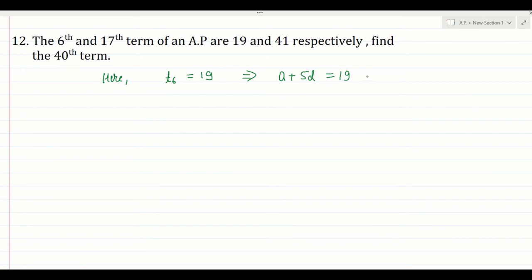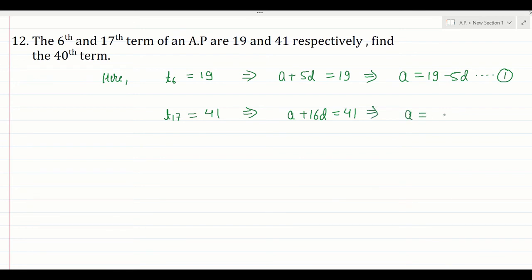From here we can write A is equal to 19 minus 5D. Let's say this is equation 1. Again question has said 17th term means T17. T17 is 41, which means A plus 16D is equal to 41. From here we can write A is equal to 41 minus 16D. This is supposed as equation 2.